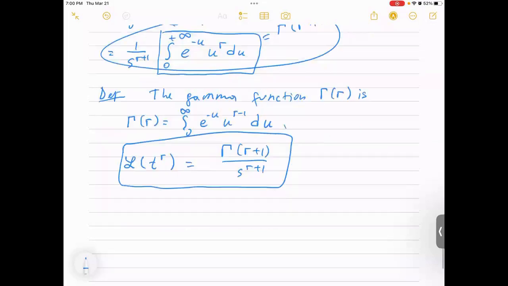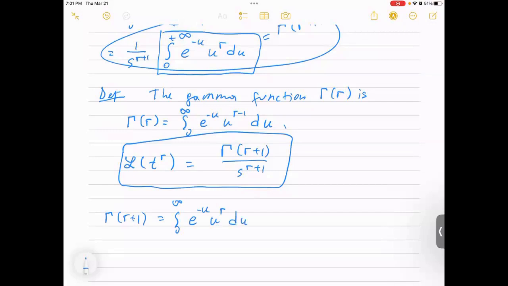And one more property of the gamma function: if we want to calculate the gamma function of r plus 1, we can write it as the integral from 0 to infinity of e to the negative u times u to r plus 1 minus 1, so u to r du.